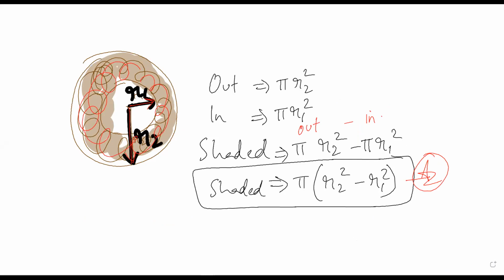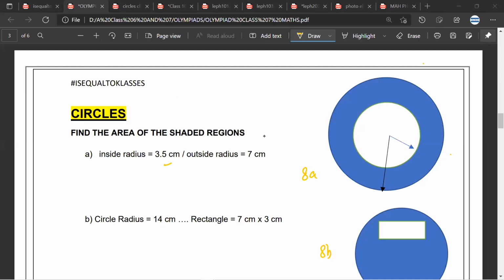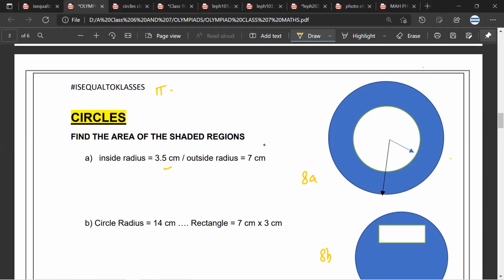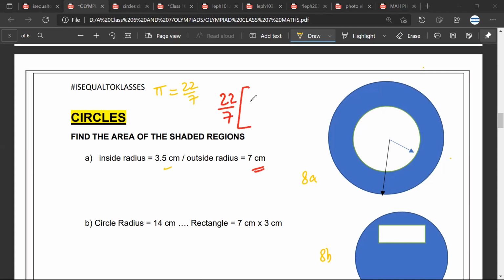So if we are clear till here, then all that we need to do is just put in the value. Say for example, I choose my pi to be 22 by 7. So all that I need to do is just put the value of pi here. R2 is 7 square minus R1 square, 3.5 square.